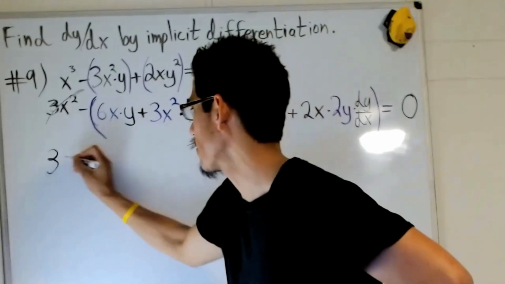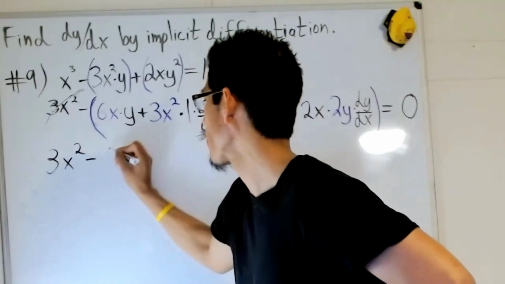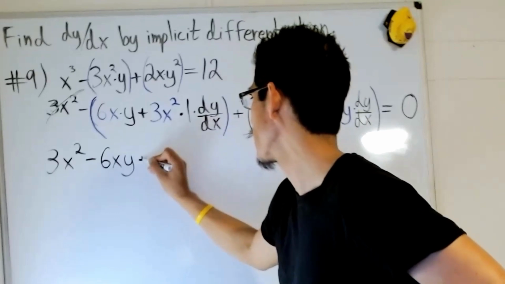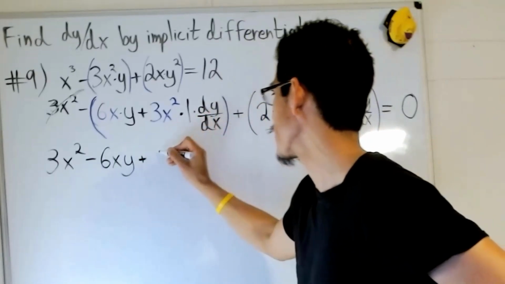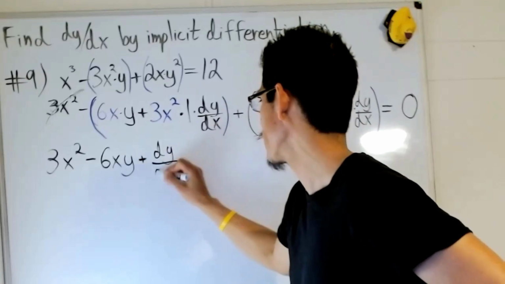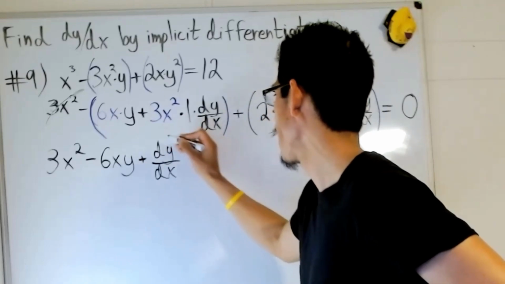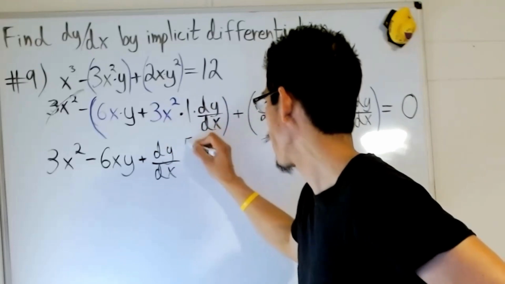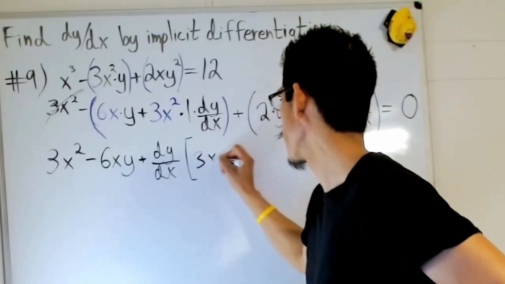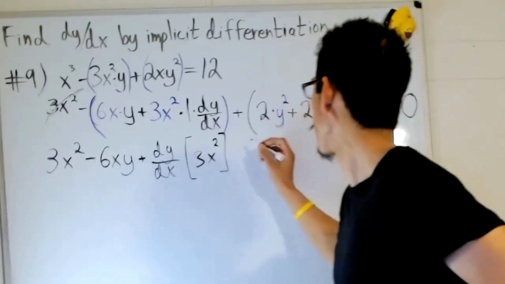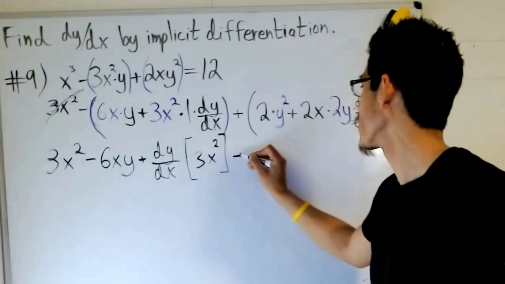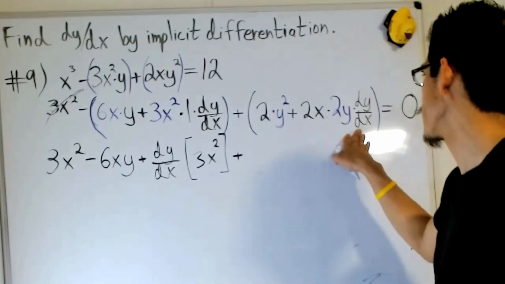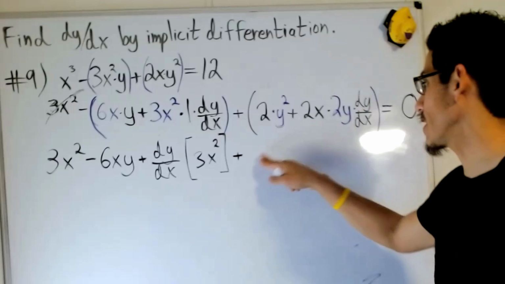Let me write it all out so it doesn't become confusing. So plus, and I'm going to put the dy/dx in front so it's easier to stand out, dy/dx times the 3x squared, plus, since these are all pluses, let me bring this dy/dx next.